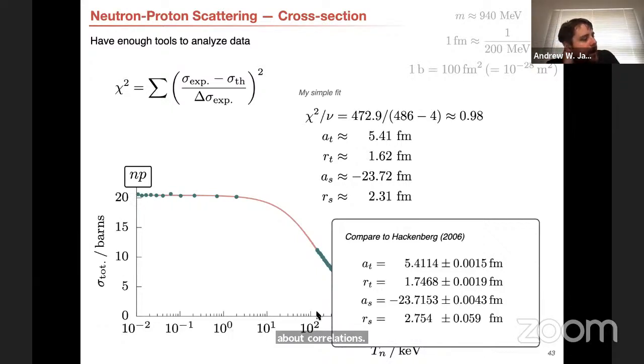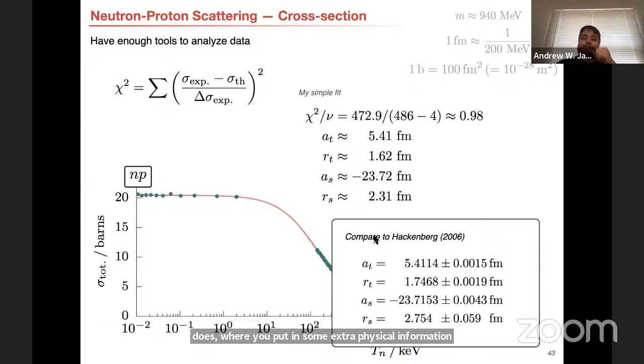But if you do a better analysis, such as what Hackenberg does, where you put in some extra physical information to better represent the system, you can get these numbers out a lot closer to what's accepted for this low energy scattering process. But still, even with my simple fits, we do a pretty good job of getting the description of the interaction qualitatively.